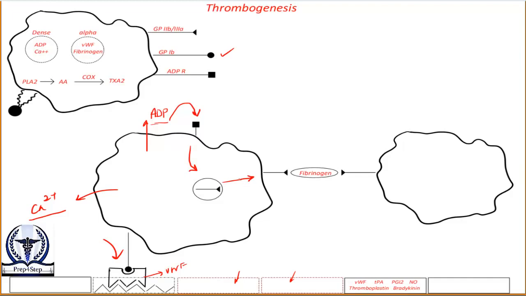Once this happens, more and more glycoprotein 2b3a receptors are going to be on top of the platelets. And as we know, one of the alpha granules is fibrinogen, which is also released, and fibrinogen, with the help of glycoprotein 2b3a, is going to allow two platelets to attach together.